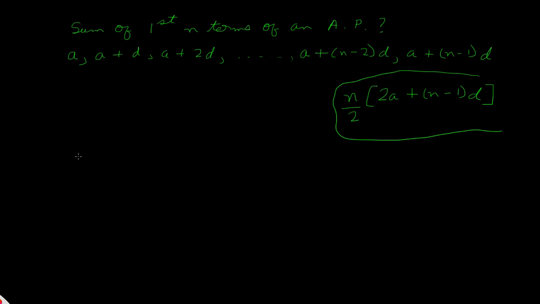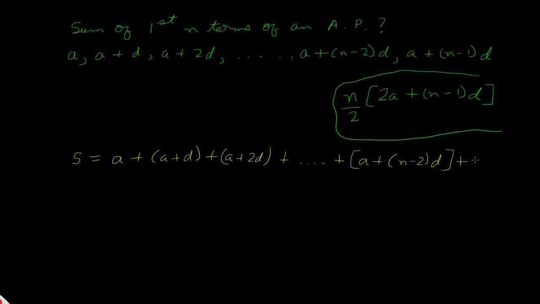So let us write this more formally. Our first equation would be S as a plus, second term as a plus d, the third term as a plus 2d, and so on up to the second last term as a plus n minus 2 times d, and the last term as a plus n minus 1 times d.